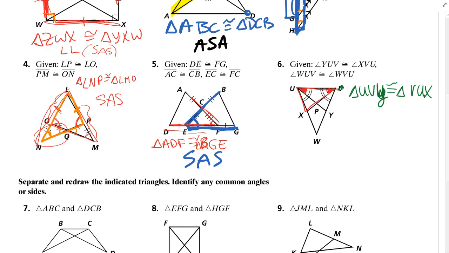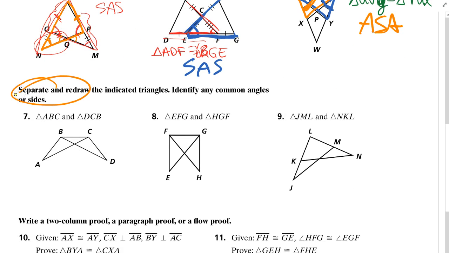But what else do I have? I've got the big angle, this whole thing in here congruent to this whole thing in here. So now when I turn this around, I can talk about this angle congruent to this one. So this is going to be angle side angle.